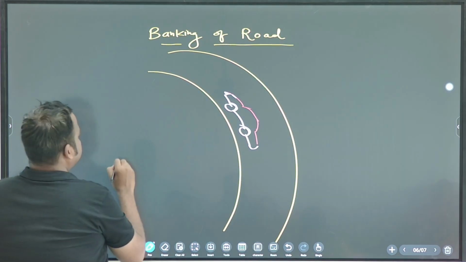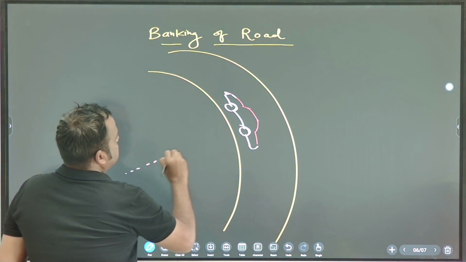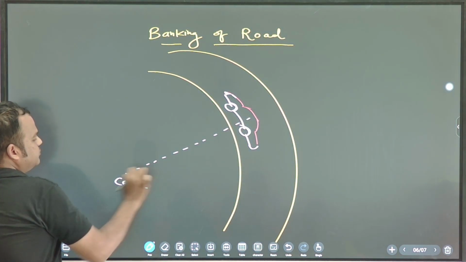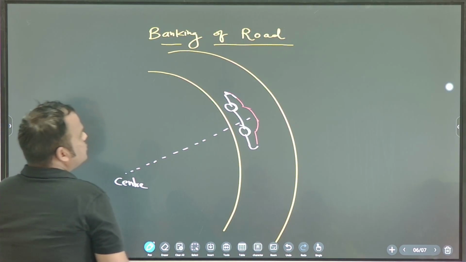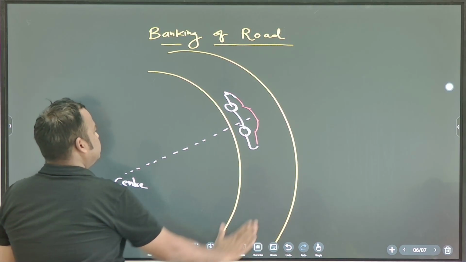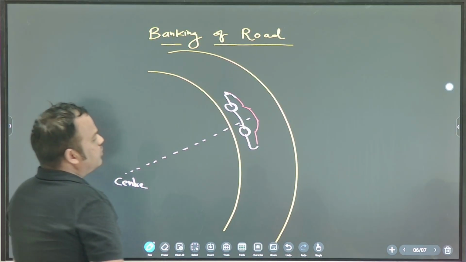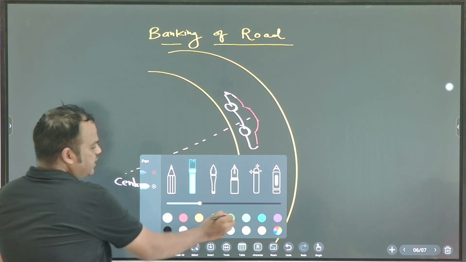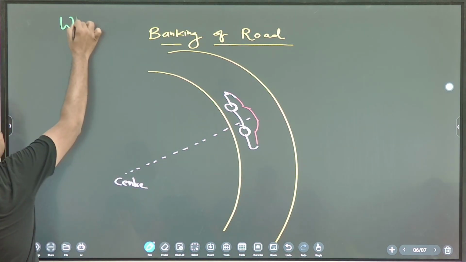Okay. This is the center. So your car is taking a turn. When your car is taking a turn, note down.